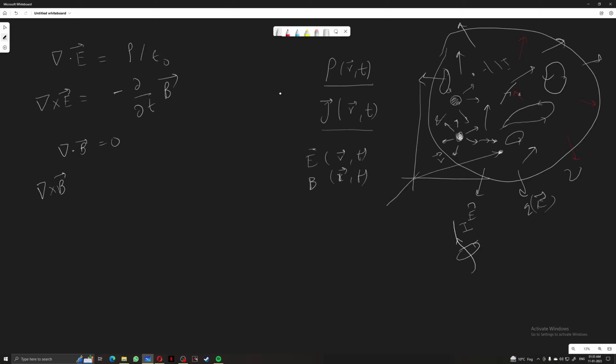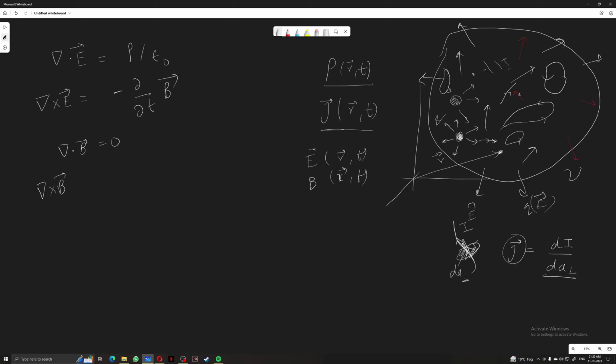So if you write this in terms of the volume current density J vector, by the way, if you don't know what volume current density is, the J vector is just the total current passing through some little area. So if I draw this little area, call it dA perpendicular, right? The current piercing through this area at an angle of 90 degrees is called the volume current density.